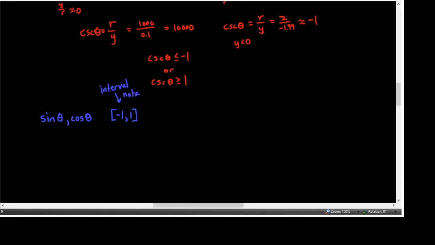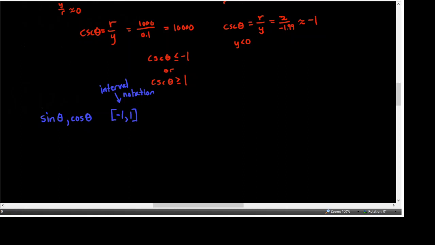The square bracket means it includes the number, and the low number, -1, is on the left, comma, larger number on the right. That implies that every single real number in the interval from -1 to 1 is valid. So it's a continuous set of numbers from -1 to 1, and the brackets mean include that number.